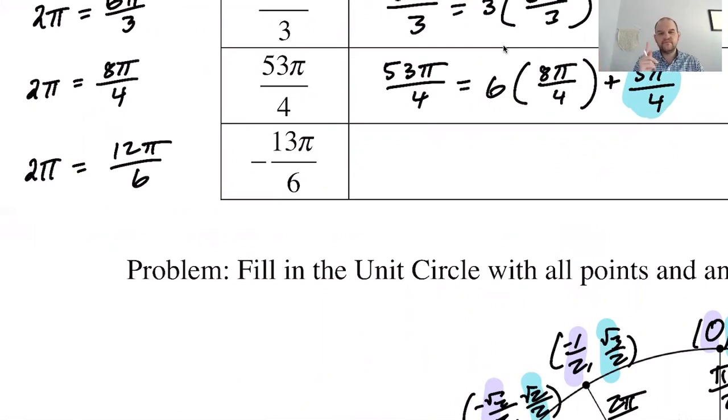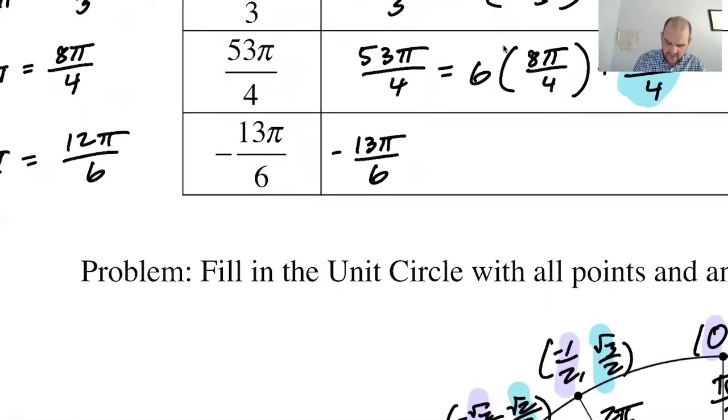So because I know that sine is odd and cosine is even, I could just think of this as negative 13 pi over 6. What am I doing here? I'm trying to explain what my brain is thinking about this. Here's what I'm thinking. If I add 12 pi over 6, so if I add 1 rotation, this gives me negative pi over 6.